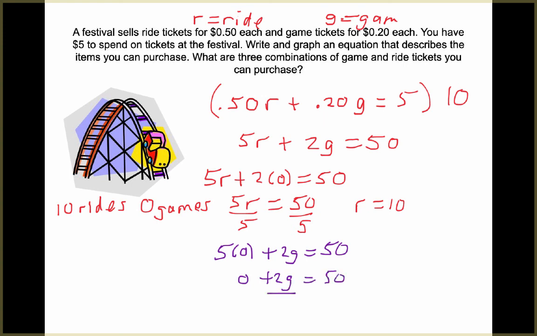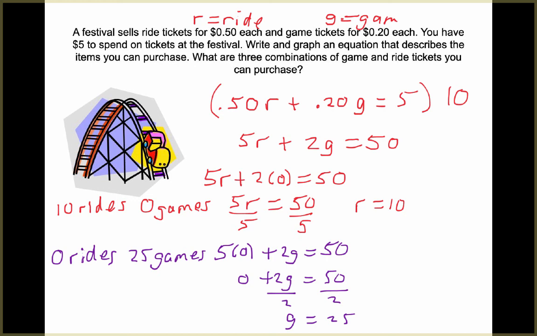And we divide by 2 on both sides, and we find that we can do 0 rides and 25 games. That is another combination that works. So in this case, our two intercepts work. Intercepts for rides and intercepts for games both give us combinations that come out clean, and we spend the entire $5. Now we have to find another third one that'll work.